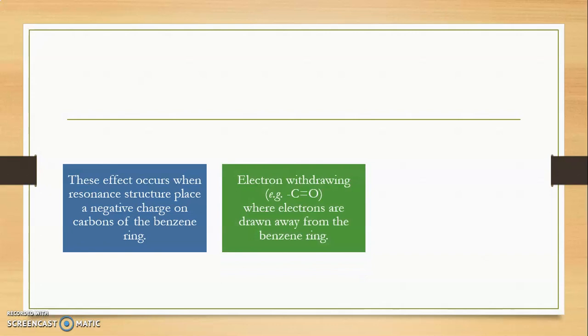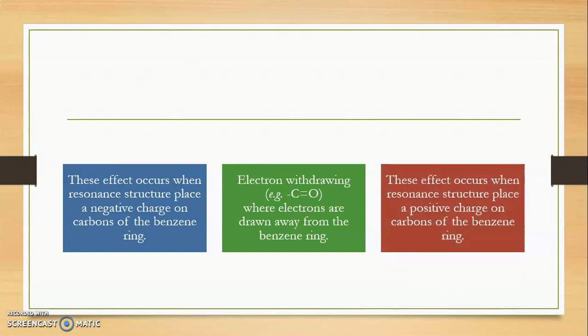Similarly, second type of the resonating effect that is shown, that is the electron withdrawing, where functional groups like carbonyl, this functional group where the electrons are withdrawn from the benzene ring. Such a types of the functional group shows the electron withdrawing resonance effect. Means like inductive effect, resonance effect is also two type.